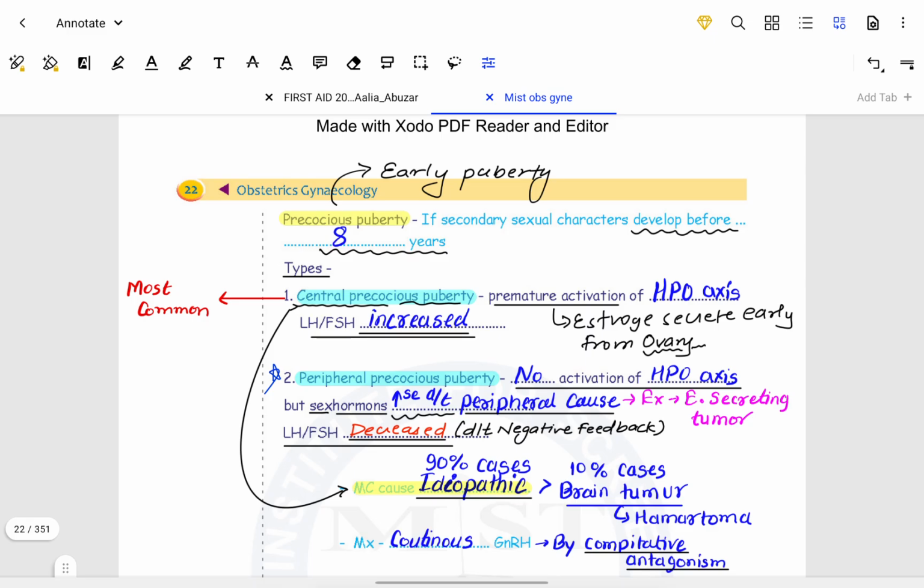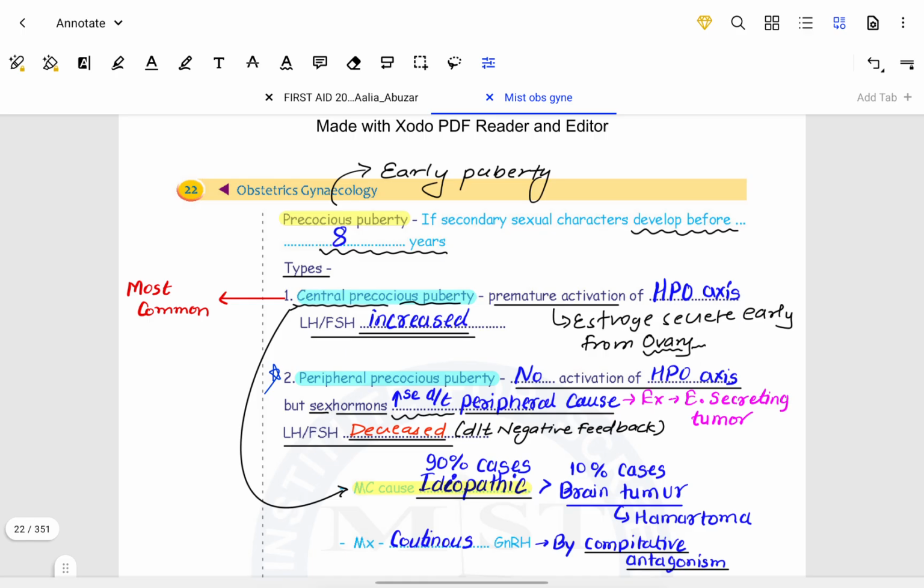Now types we have central precocious puberty, which is premature activation of the hypothalamic pituitary ovarian axis, which occurs if LH and FSH are increased. Because if you know the FSH, even though estrogen was giving negative feedback to FSH, what was FSH doing? And what was LH doing?